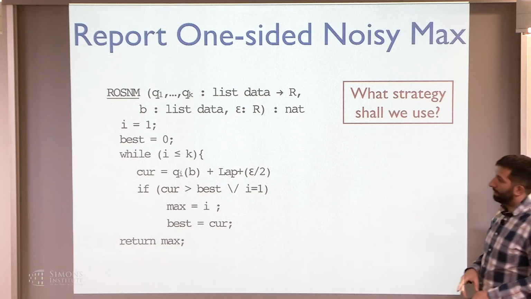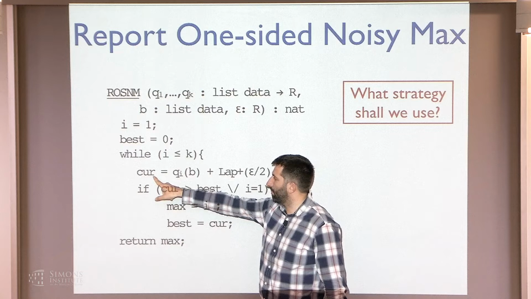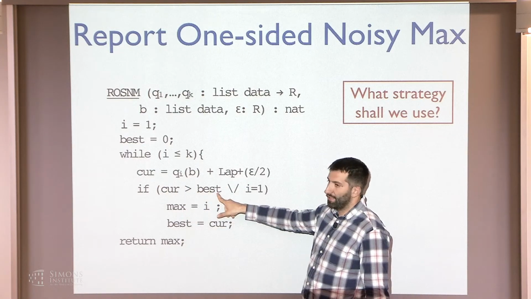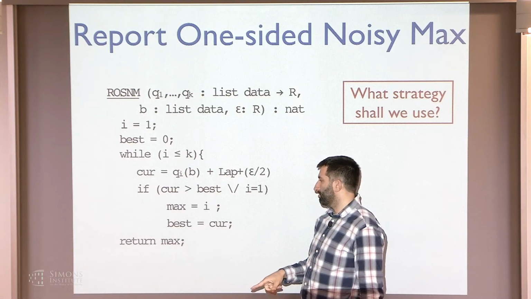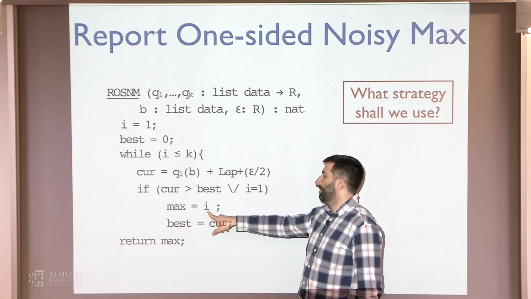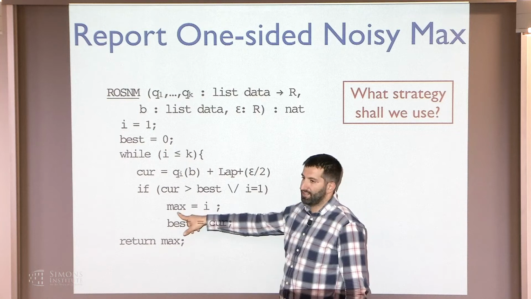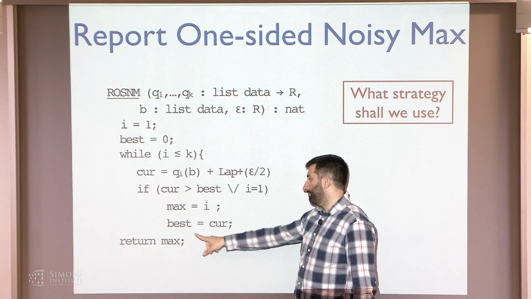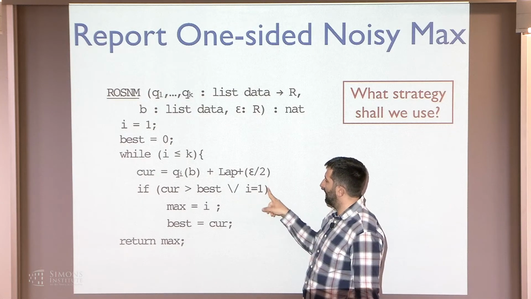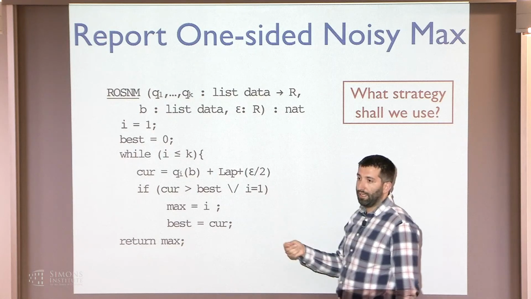We use a few variables. In particular, we use the current result, and we check the current result against the best result we saw so far. If it is larger, we say that the index of the query we are looking at is the max, and we update the best to the current. Now, there is only one thing that is a bit strange here, this i equal to 1 that we use for the first step.